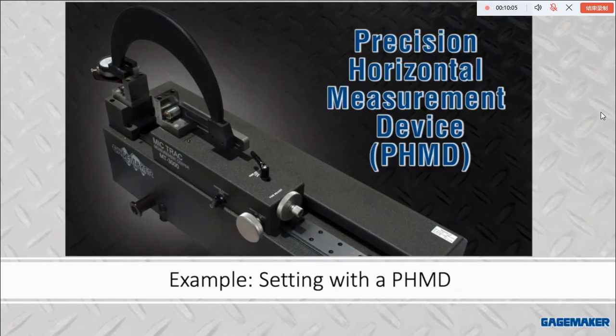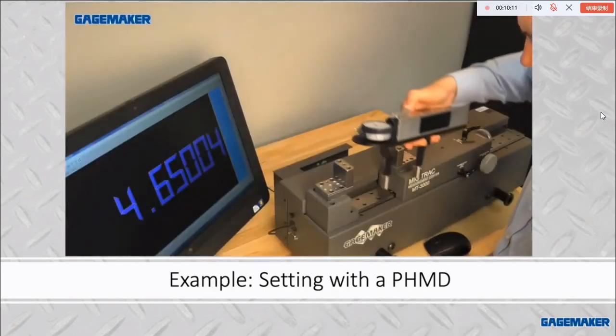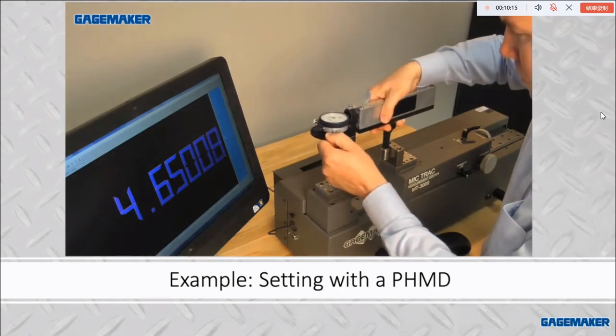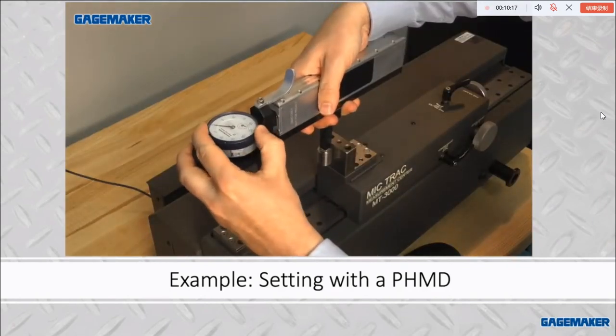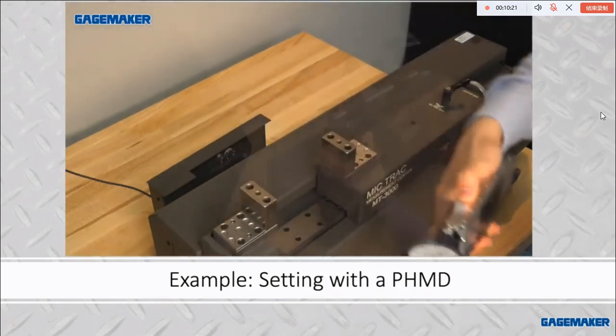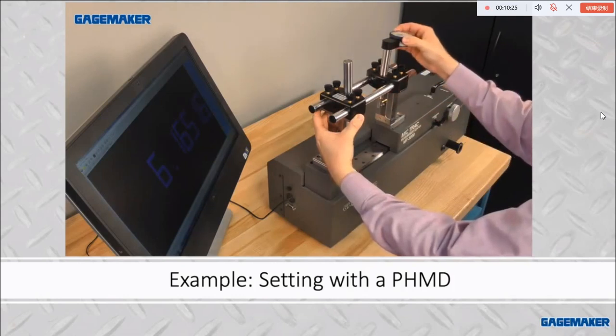Now let's present the value proposition of setting that same MRP style gauge, but on a PHMD mic track. So I've installed proper fixtures for the application. I've dialed in a setting value, locked it in, so it's now mimicking the robustness and the accuracy of a dedicated setting master.